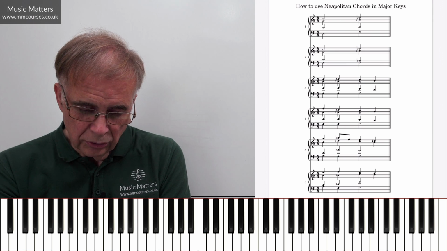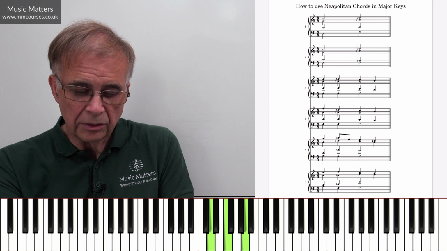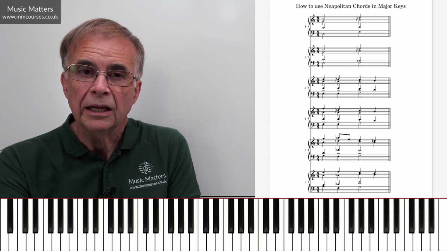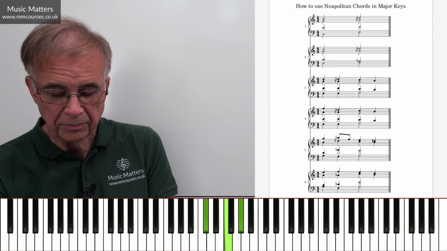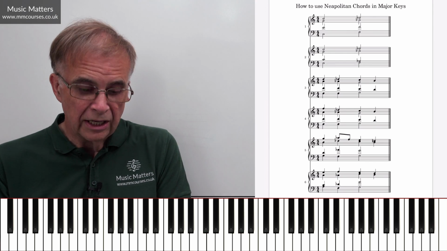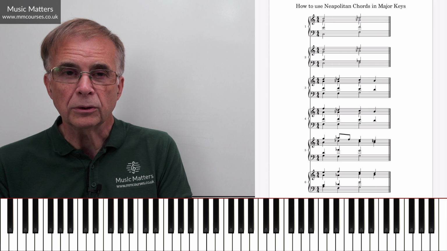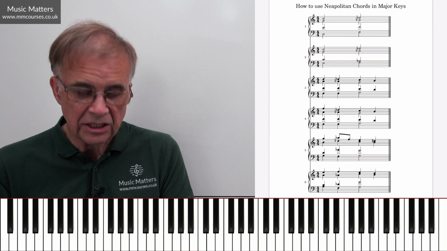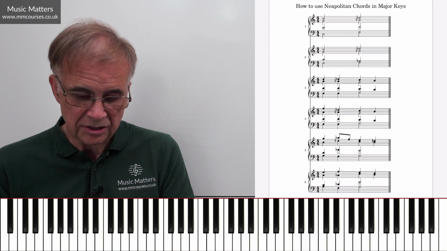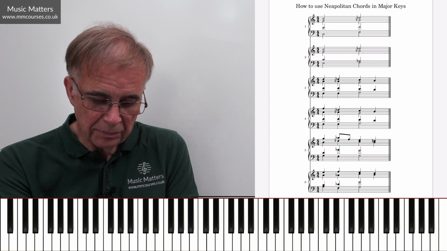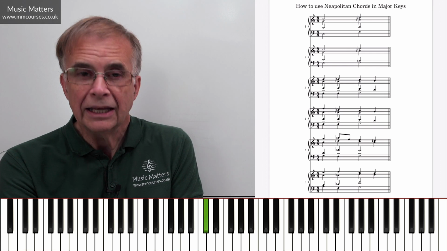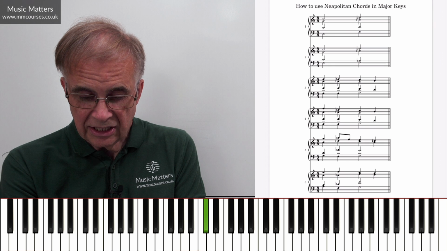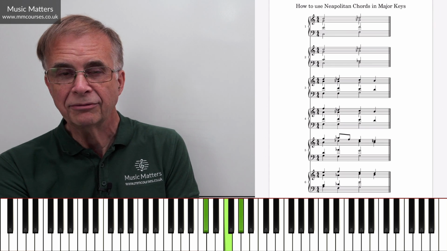So I take chord 2 and I lower the bottom note and the top note by a semitone or a half step. Or you can think of it another way, which is to build a major triad on the flattened second. So if we're in C major, the flattened second is D flat, build a major triad, D flat, F, A flat.